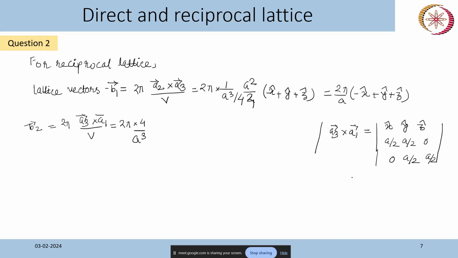So this will be x cap a square by 4 minus y cap a square by 4 plus z cap a square by 4.